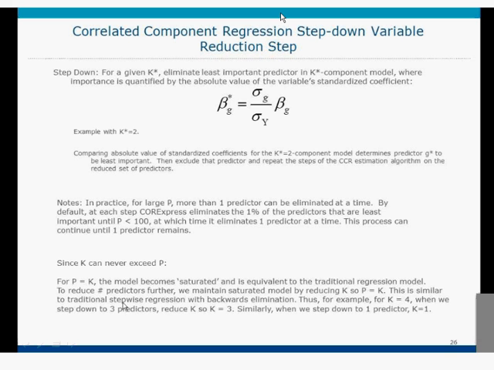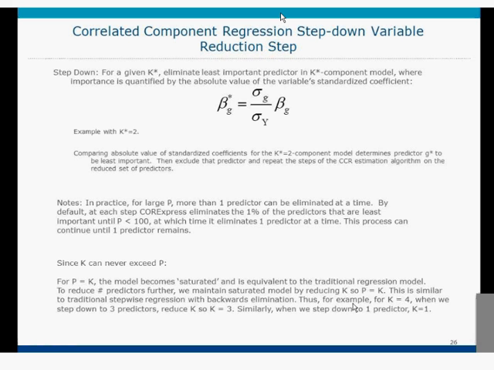Finally, one other technical issue here. For P equal to K, the model becomes saturated, equivalent to the traditional least squares regression model. But we know that K cannot be greater than P. K is always less than or equal to P. So when we're reducing the number of predictors, once we get to K predictors, then we also have to reduce K so that we maintain the saturated model.